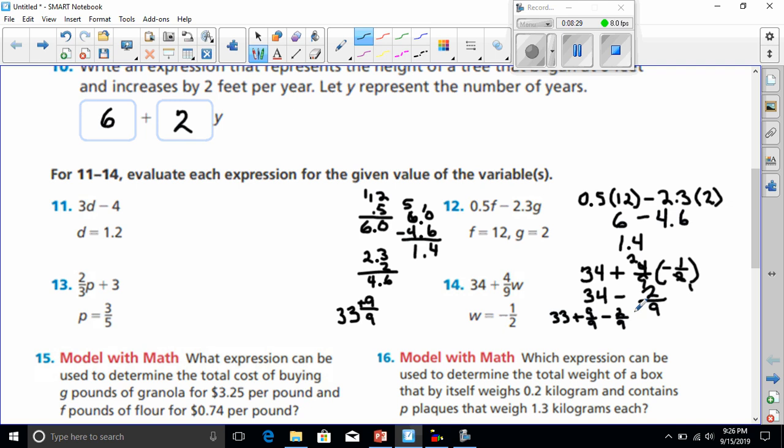Actually, I'm sorry, I said we needed a plus sign between them, but that is incorrect. We don't need that plus sign there. It is 33 and 9 over 9.